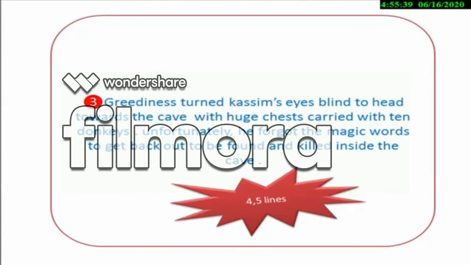Greediness جشع turned Qasim's eyes blind، بمعنى أن جشع القاسم جعله أعمى. Turned Qasim's eyes blind أعمى. Eyes الأعين. To head، إذن هذا الجشع الذي أعمى عينيه أدى به إلى ماذا؟ To head towards the cave.